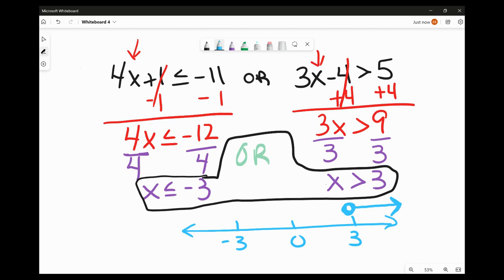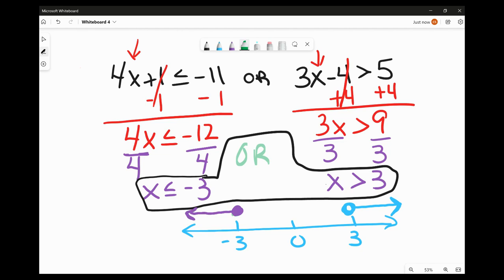On the left-hand side, we have x is less than or equal to negative 3. And so from there, let's make this one purple, I have a closed circle at negative 3. And it's less than, so it's going to go like this. And the circle's closed because it's also equal to.